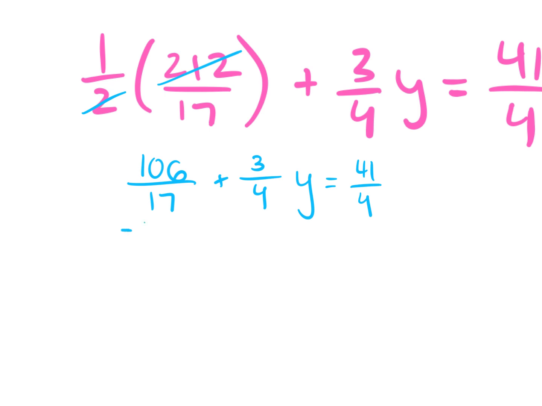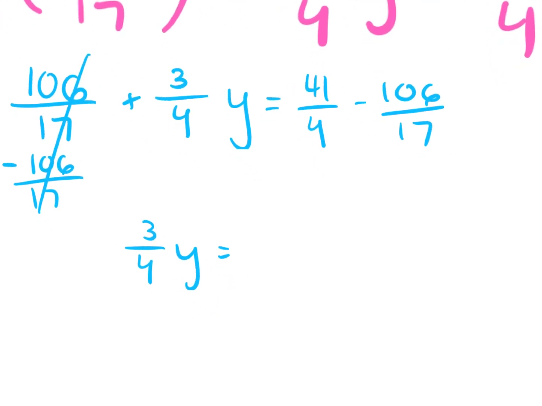We're going to subtract 106 over 17 from both sides. So we get 3 over 4y is equal to, what do we need if we subtract fractions? Common denominator. What's common between 4 and 17? Nothing. So let's multiply the first one by 17 over 17.